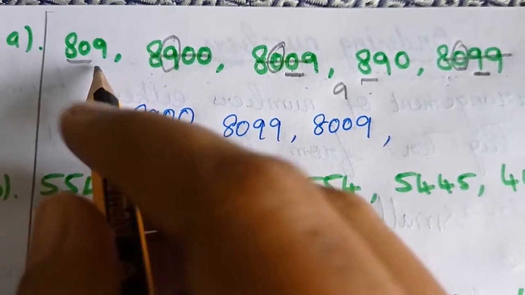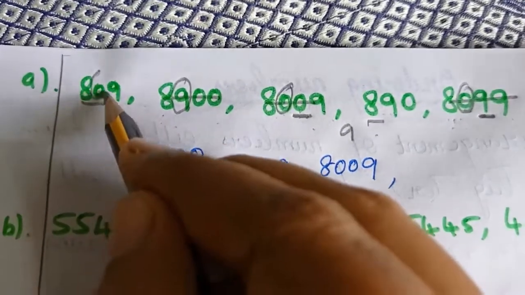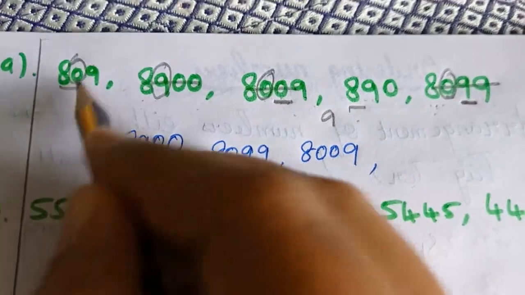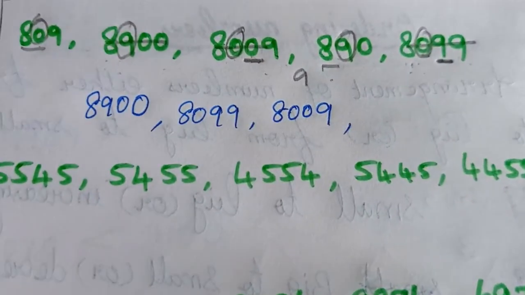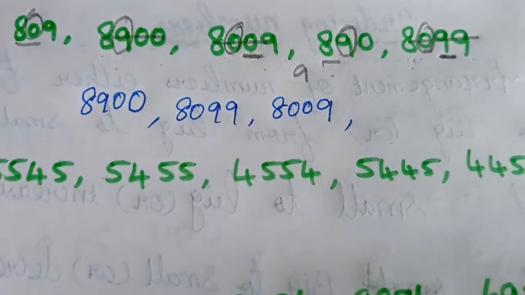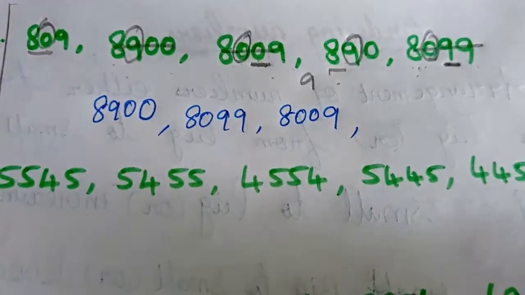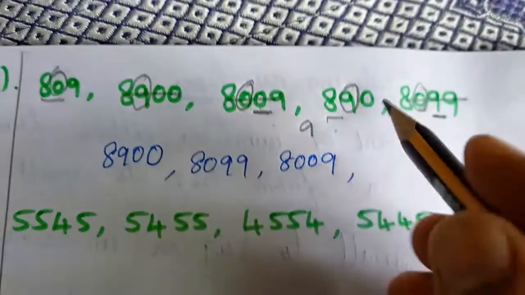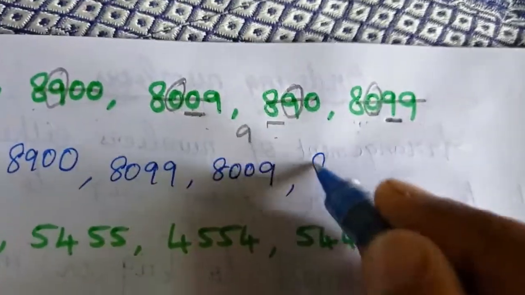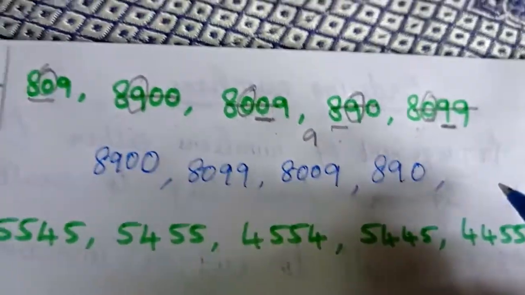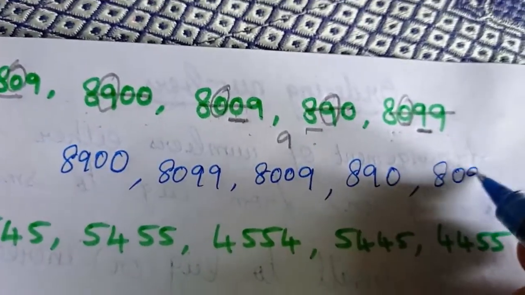So what do you want to do next? Check their ones place value. The ones place value for the first number is 0 and the second number is 9. Okay? So which is the greater number, 0 or 9? 9 is greater. So you can write this number as the next greater number. And the last one is 8009.